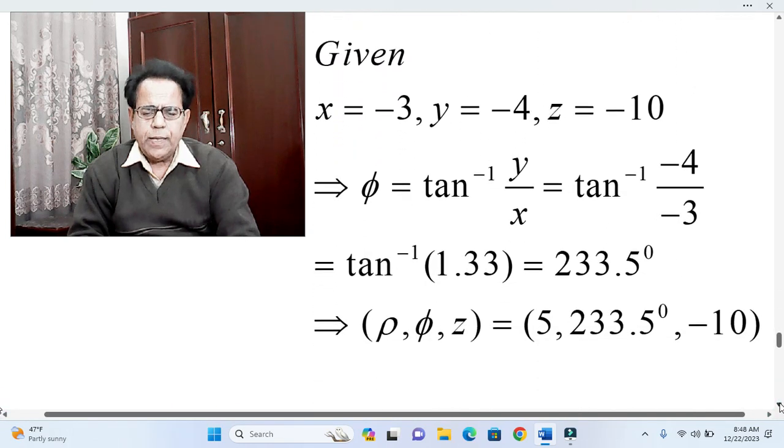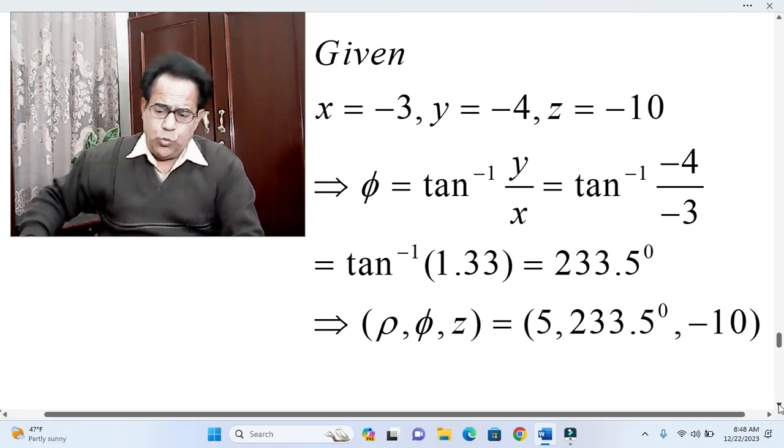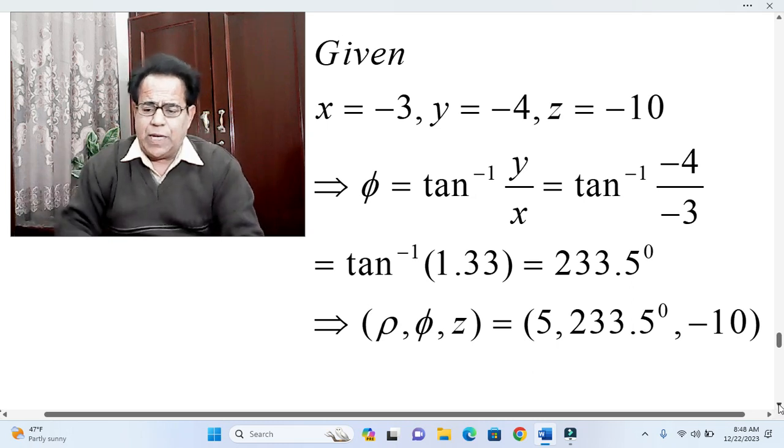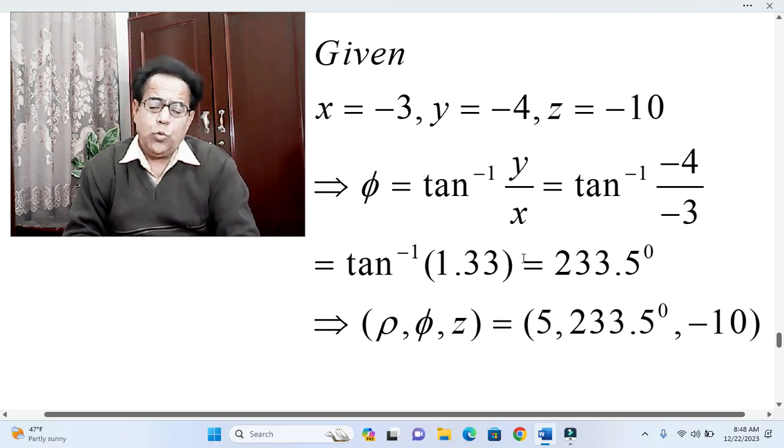Then next part, phi equal to tangent inverse y over x equal to tangent inverse 1.33 equal to 233.5. Here x and y both are negative. It means the third quadrant is applicable, and hence we have made the adjustment.